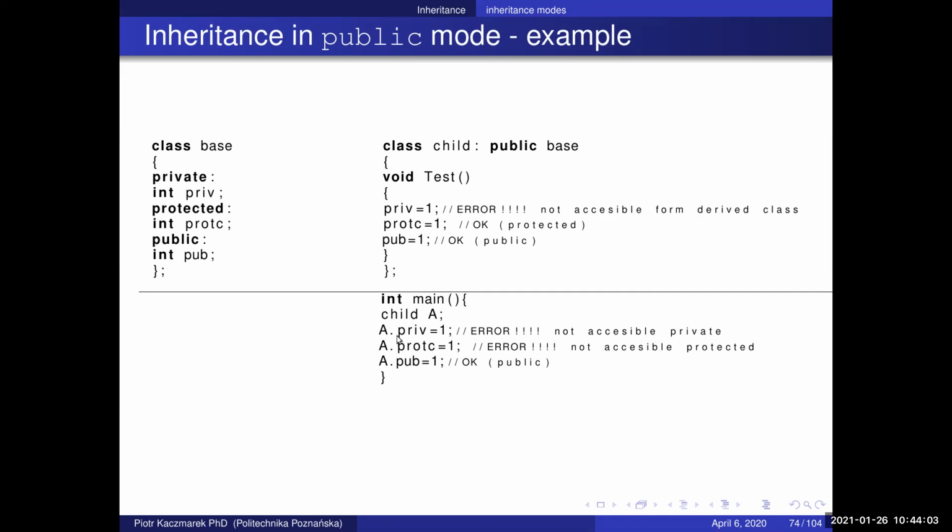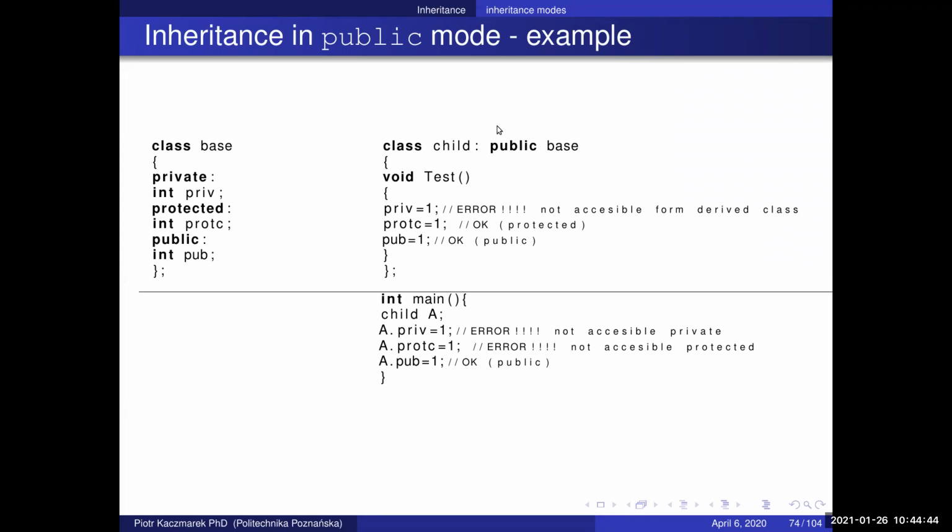So I have a child class, and I try to get access to the private, protected, or public field of the base class. And you have to analyze the access type of elements. You have to define which of these operations is allowed. So maybe you will mark the operations which can be performed.